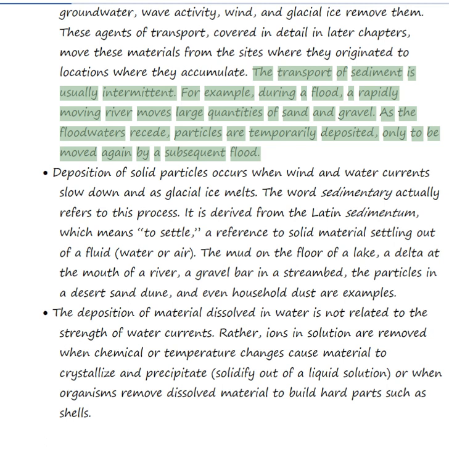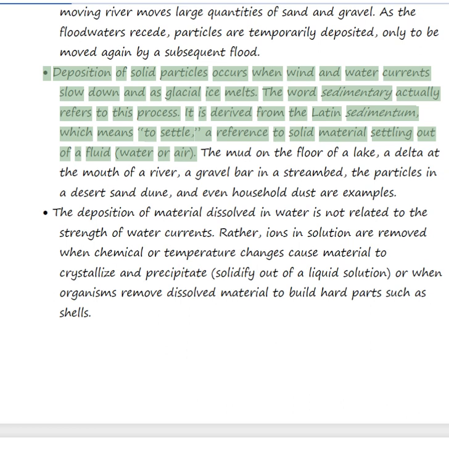For example, during a flood, a rapidly moving river moves large quantities of sand and gravel. As the floodwaters recede, particles are temporarily deposited, only to be moved again by a subsequent flood. Deposition of solid particles occurs when wind and water currents slow down and as glacial ice melts.